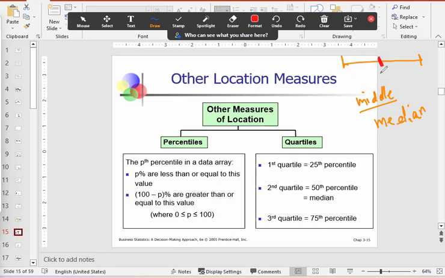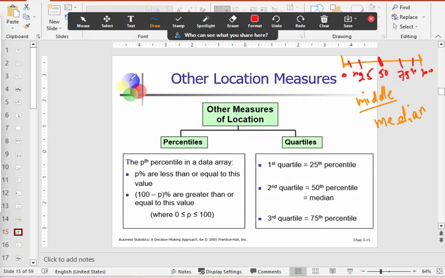Like if this is middle, it is in the 50th position, and this is 0 and this is 100. If I want to find the 25th position, or the 75th position, or some other number, let's say the 90th or 10th, this can be done using other location measures.